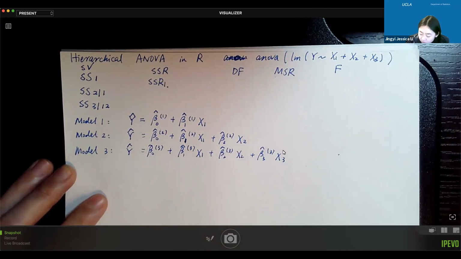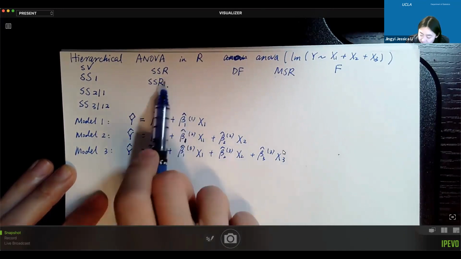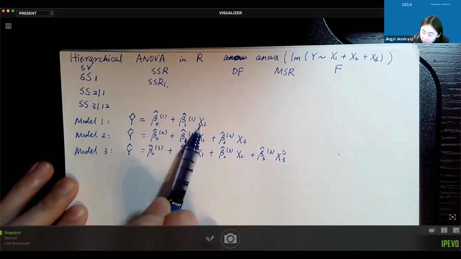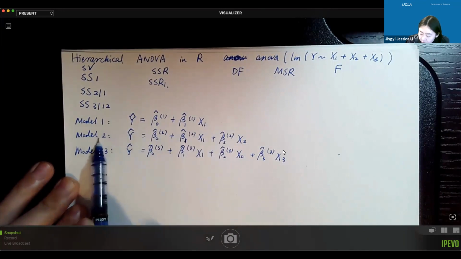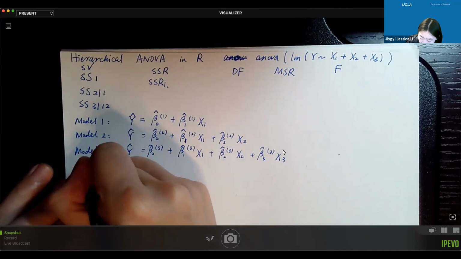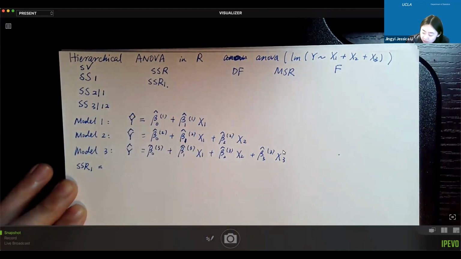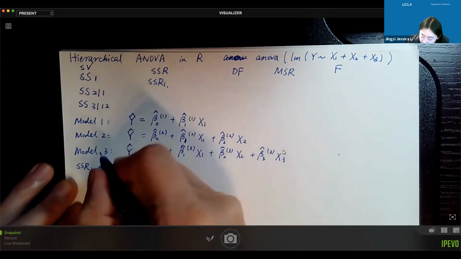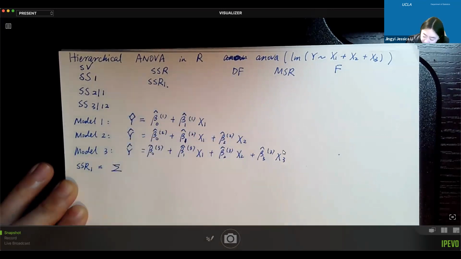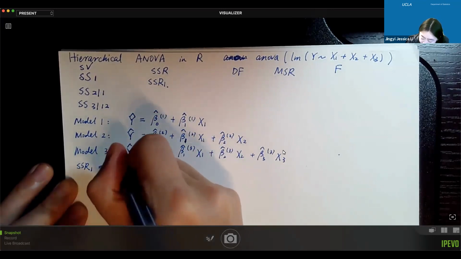And then when we actually compute this SSR1, we only use the fitted model 1. We're not using anything related to fitted model 2 or fitted model 3. So SSR1, using x1 as the only predictor, is the variance in the response that can be best explained by the fitted model 1. Here, it will be equal to the summation, let me use the scalar form, i from 1 to n.